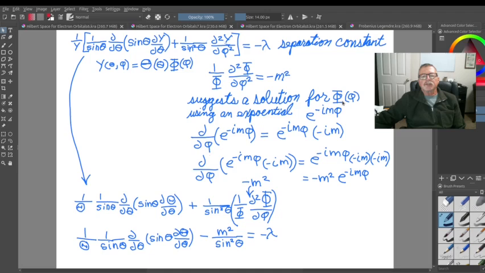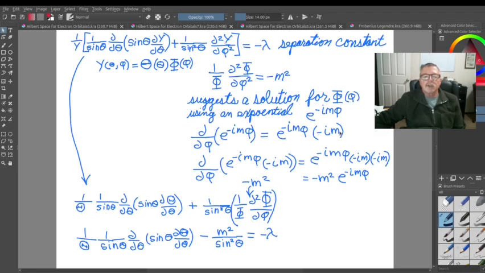Let's suggest a solution for this using an exponential, e to the negative im phi. The exponential is unique in that you take the derivative of it and you get that function immediately back. And you have to take the derivative, of course, with respect to phi. So the first derivative of e to the negative im phi is that function times the first derivative of the exponent, where negative i and m are constants.